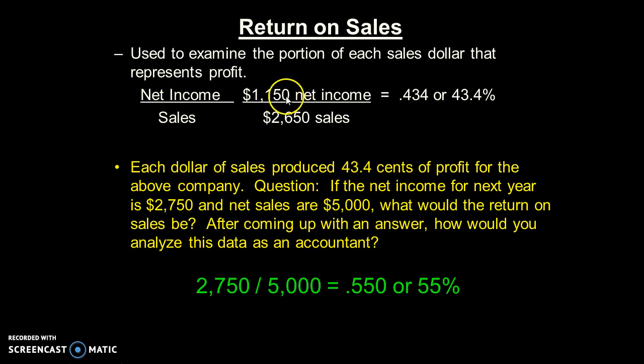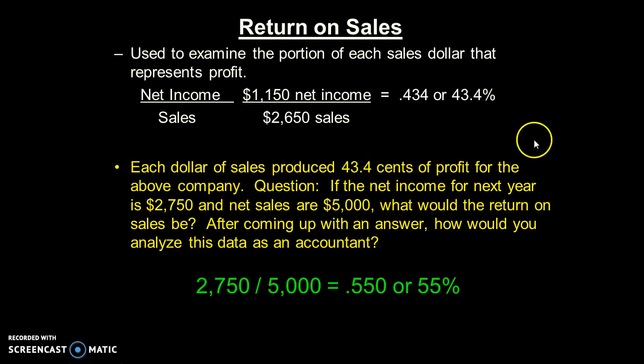So if you have the net income of this, and your sales of this, which is a revenue account by the way, in this case it'd be 0.434 or 43.4%, which is awesome, which means that of each dollar you sell, 43.4 cents is profit.